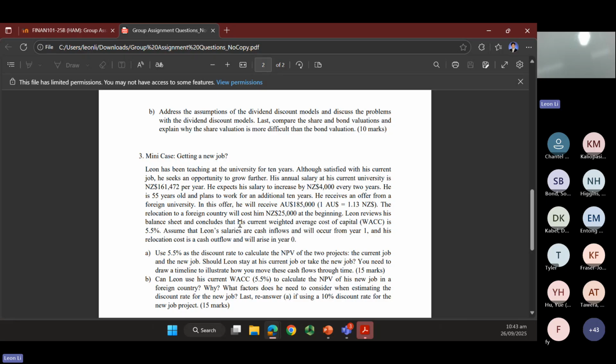So for my current job, estimating cash flow will be easier. I think every 2 years I might have a 4,000 New Zealand dollar salary advancement, right? But in Australia, I don't know. It's very difficult. So here, you address the issue. You address it in part B of our question 3, right?